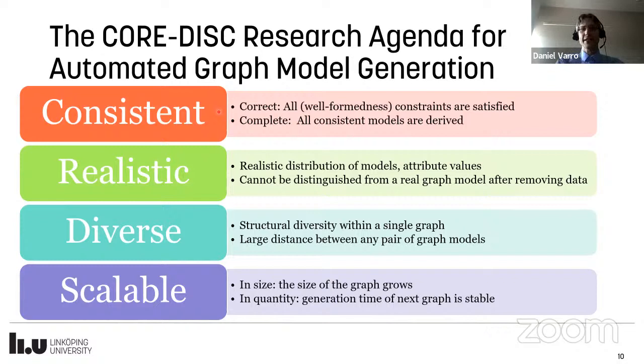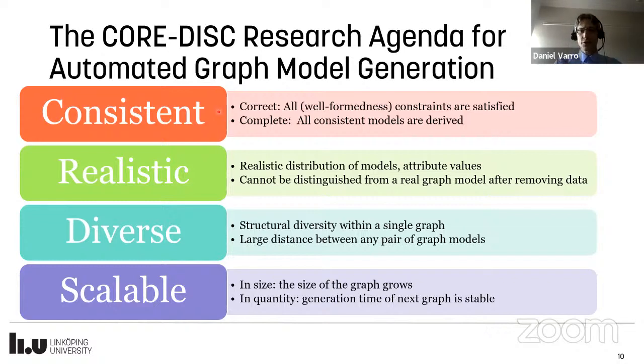Another property is related to the realistic nature of models. And the particular aspect of realistic nature that we have been investigating is related to the graph structure itself. So imagine that you receive a graph model containing real attributes, and now you wish to derive a synthetic one, which cannot be distinguished from a real graph model after you remove all the sensitive data.